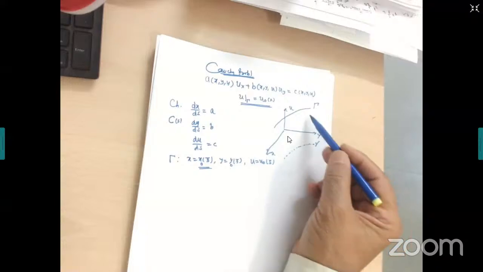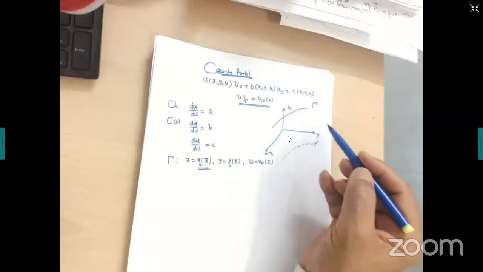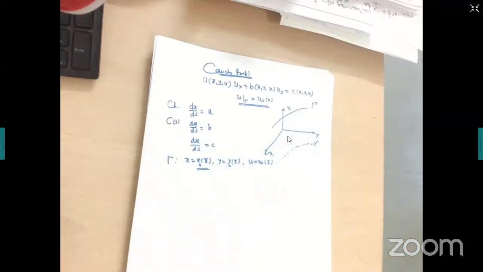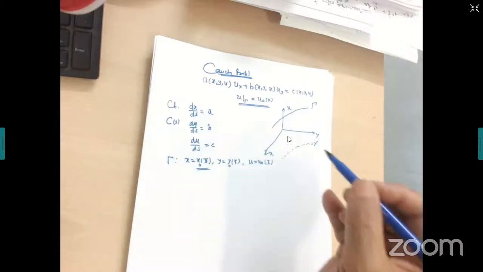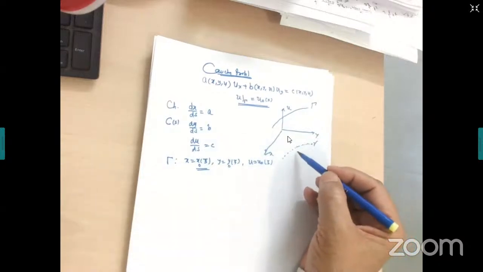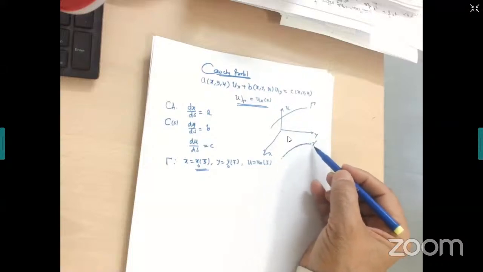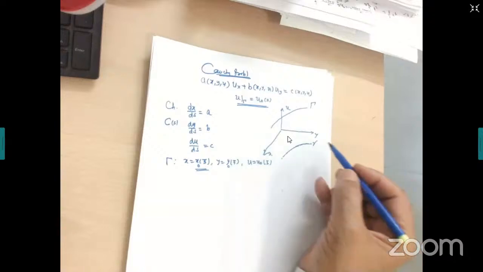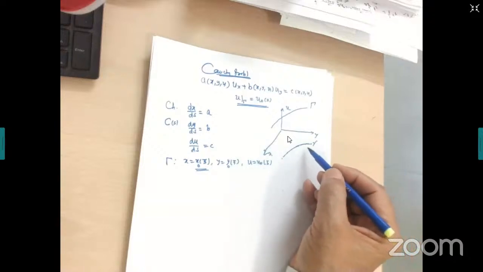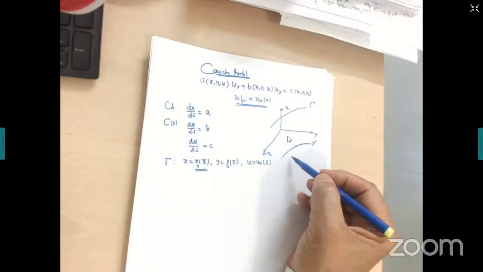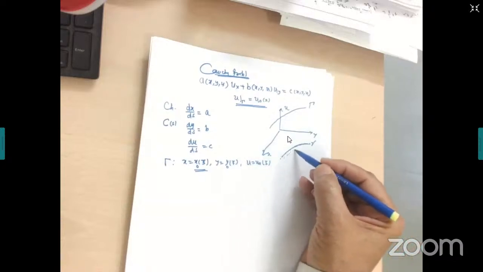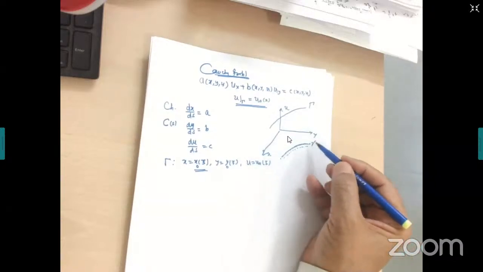This is a space curve and its projection. What is the Cauchy problem? The Cauchy problem is to find the solution in the neighborhood of this base characteristic curve, such that it takes on specified values.